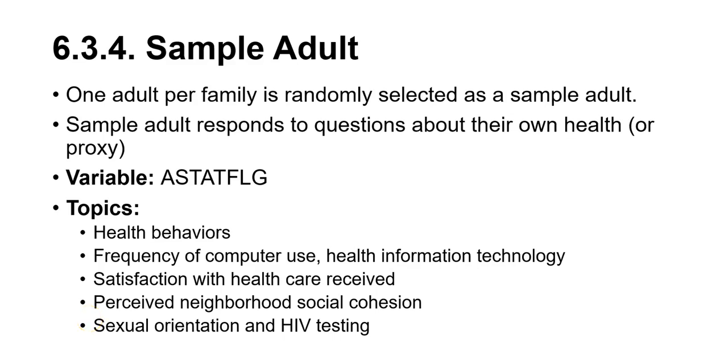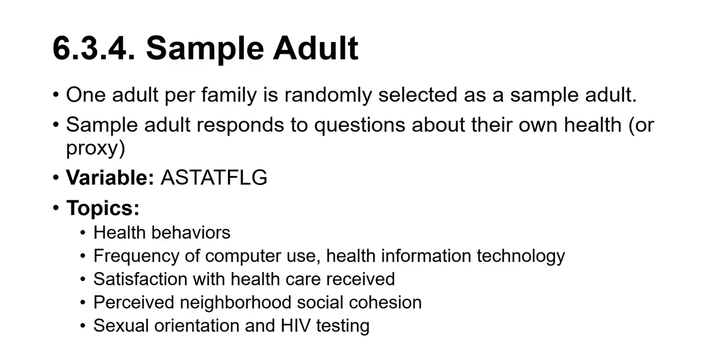Section 6.3.4, Sample Adult. So in the Sample Adult file, one adult per family is randomly selected to answer questions regarding their own health, or if they're not able to respond for themselves, questions can be answered by a proxy. There is a variable within the data file that identifies the sample adult called a stat flag, and so it's a sample adult flag.